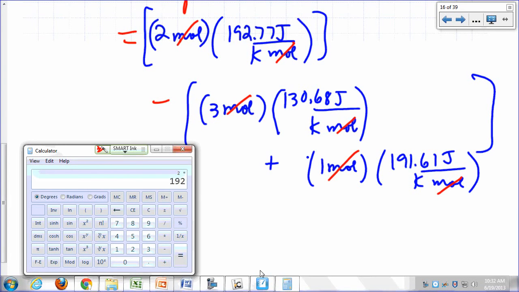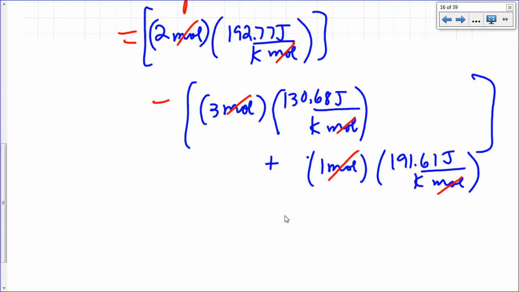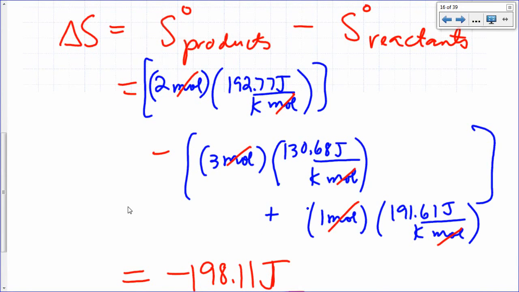Two times 192.77 minus 3 times 130.68 minus 191.61 gives a delta S of negative 198.11 joules per Kelvin per mole of reaction.